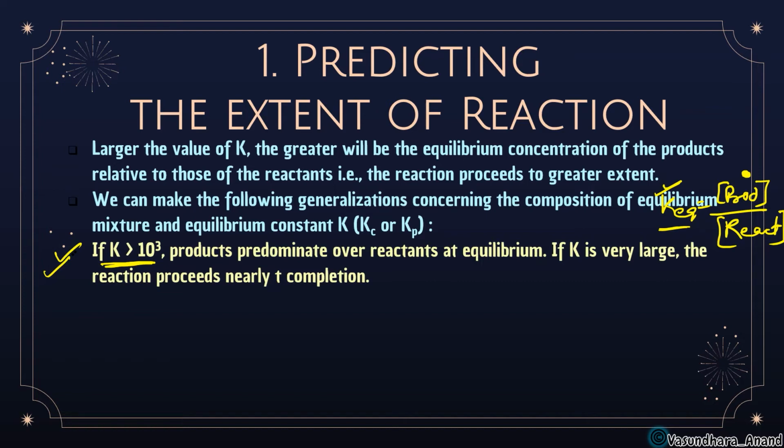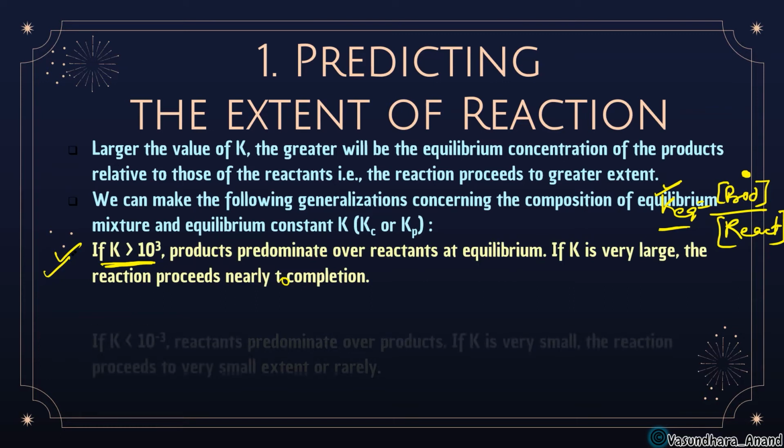So if K value is greater than 10 to the power 3, product predominates over the reactant, that is, more amount of product is already formed. And if K is very large, the reaction proceeds nearly to completion, meaning the reaction is just about to be completed at any time.